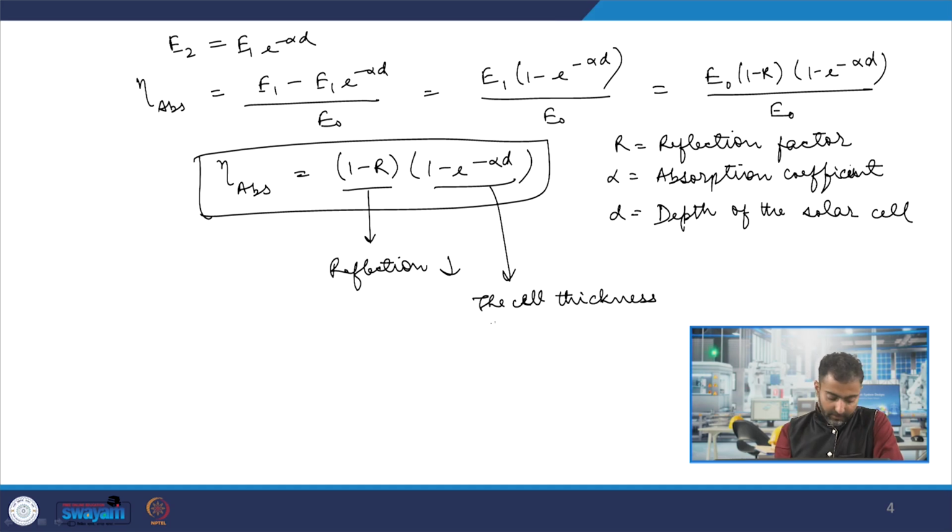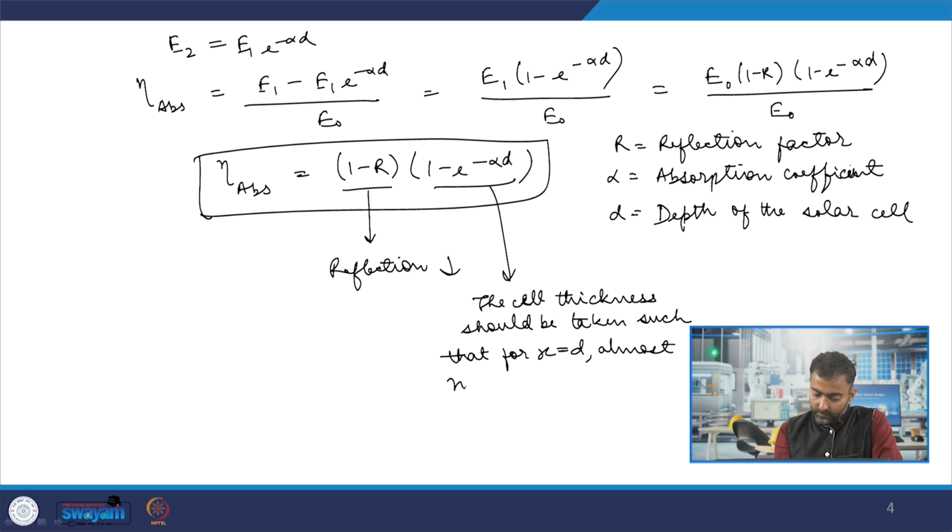So, the cell thickness should be taken such that for x equal to d, almost no photons are left. So, by controlling these two phenomena, the reflection and the depth of the solar cell, we can make the absorption efficiency pretty close to 100%.